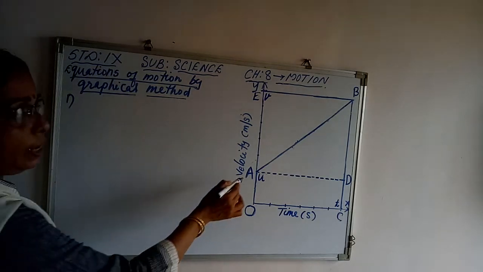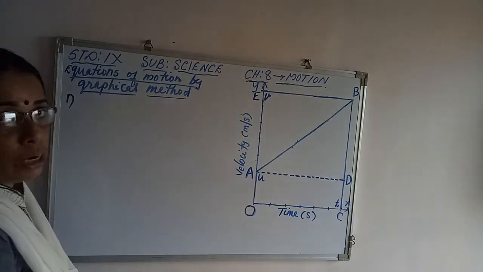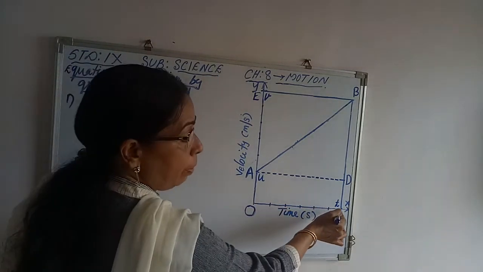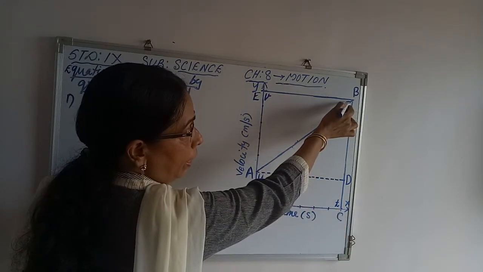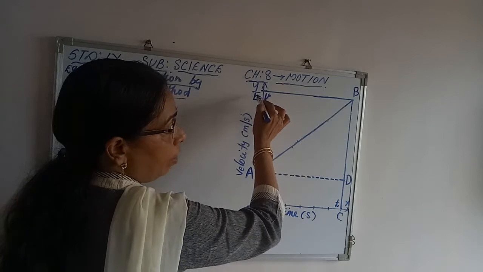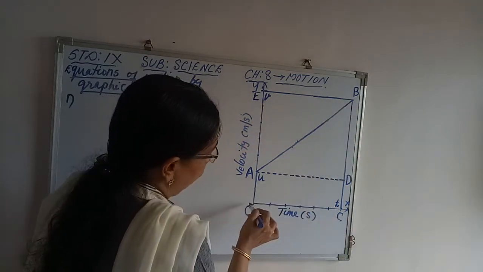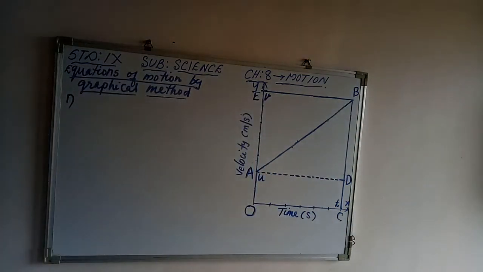That is the initial velocity U, that is OA is equal to U. After a time interval t, the object reaches the point B, and the velocity is the final velocity V. And the acceleration is uniform acceleration. So OA represents the initial velocity U and BC represents the final velocity V. See here, BC, from here to here, is the final velocity V.